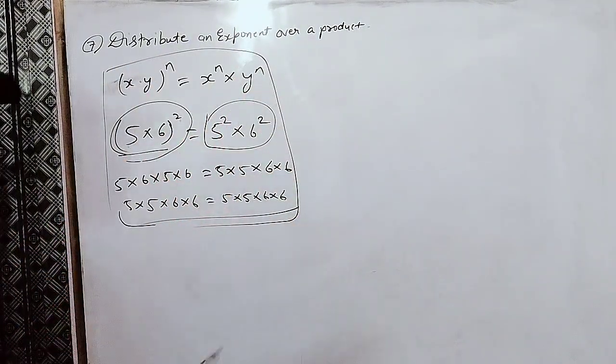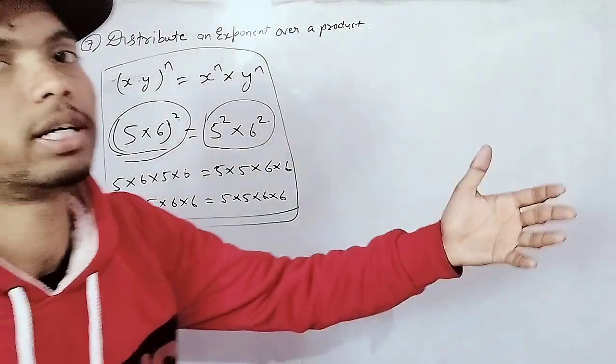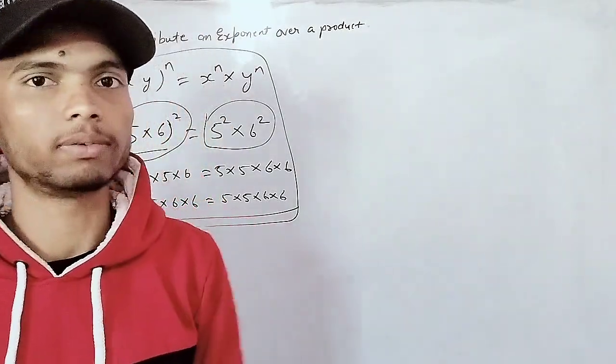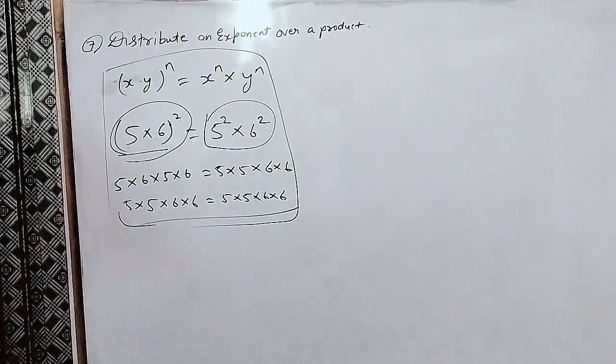So here we distributed our exponent with the base. Clear? So the condition is there should be a product there. In the case of addition and subtraction, it will be impossible.